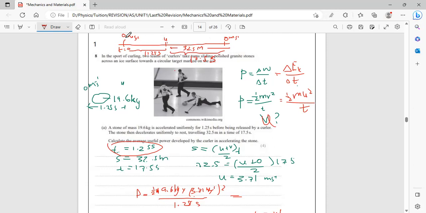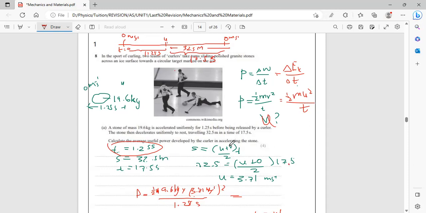If you consider the first scenario, you have less information, you can't find it. So then you have to consider the last bit, which is the deceleration. They've given us displacement 32.5. Final velocity is 0. Initial velocity is unknown. The time is also given, 17.5.